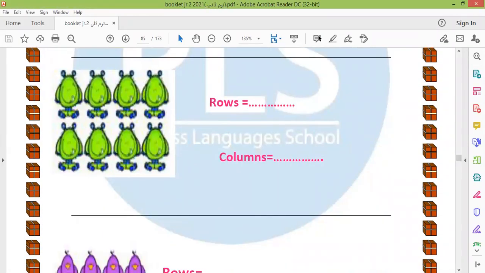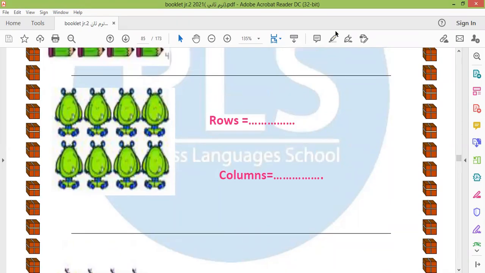Count here. 1, 2. We have only 2 rows. And 1, 2, 3, 4 columns.